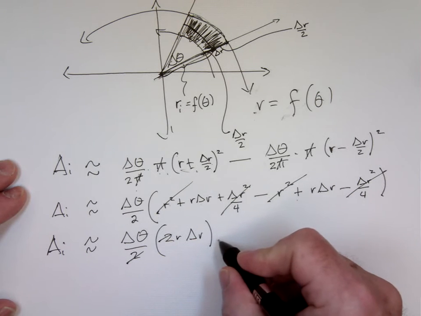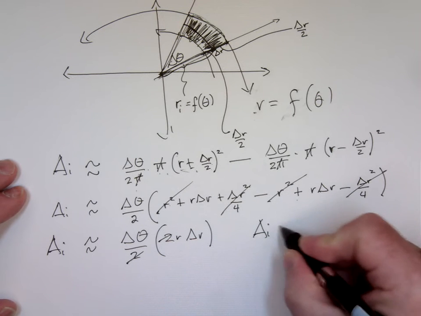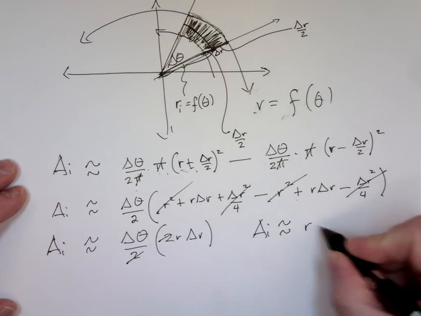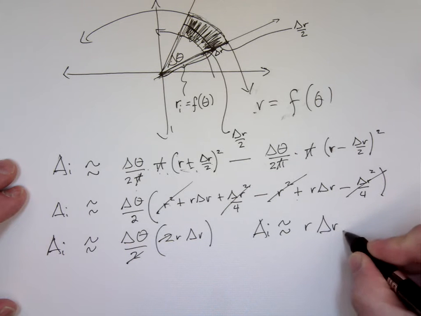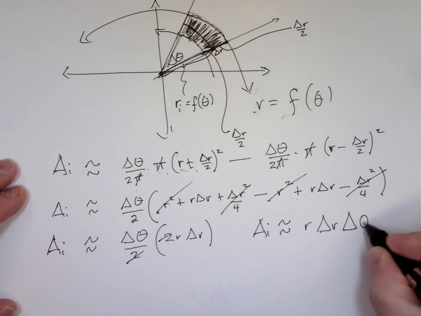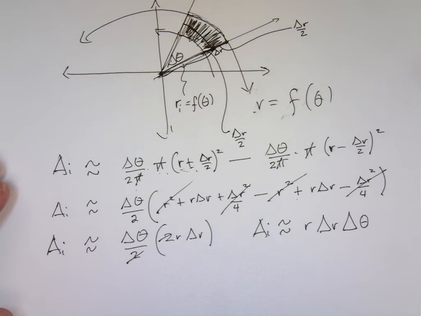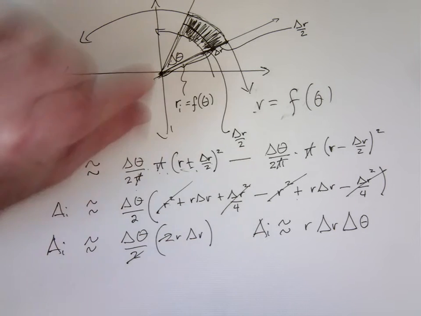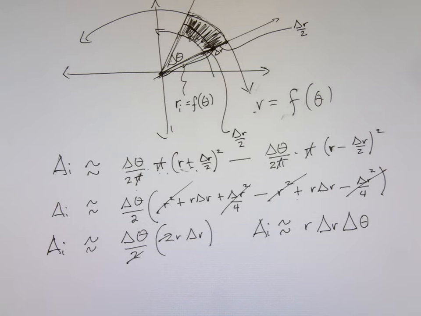This piece of area is approximately r delta r delta theta. That plays the same role that a delta y, delta x plays in our rectangular coordinate system. It's a little piece of that area. We're summing up all those little pieces and getting that Riemann sum, but this time in terms of r's and thetas.